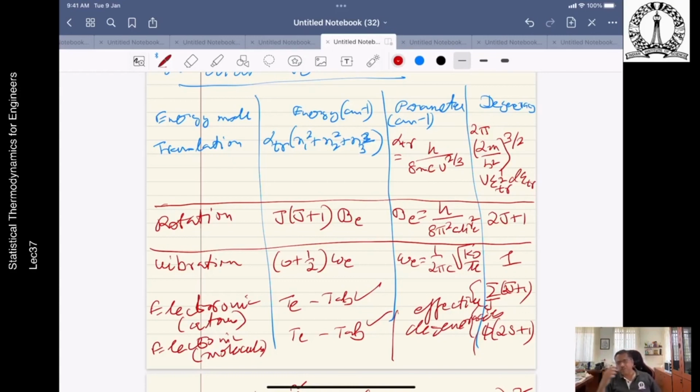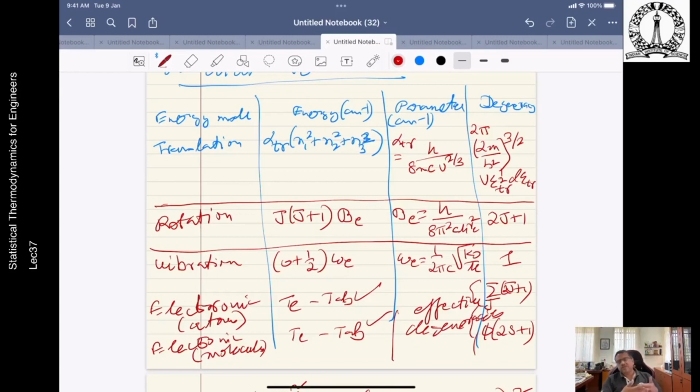That means the macroscopic properties defining the particle assembly. Moreover, the degeneracy of a translational mode requires representation through a probability distribution function, which we already did previously. We have also seen for the internal modes that we require a rotational constant B for the rigid rotor and vibrational frequency omega E for the harmonic oscillator, both of which can be determined from the spectroscopic measurements that we covered in the previous lectures.